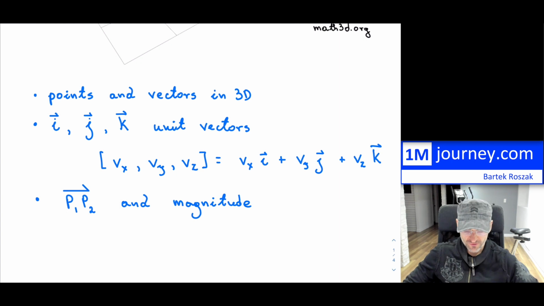Then I will finalize the video by talking about the magnitude. So all of these are an extension from 2D to 3D. And to be honest with you, they extend to the n dimension as well in pretty much the same fashion.